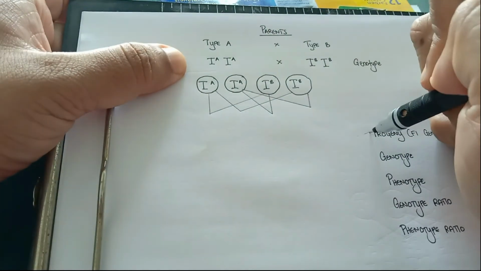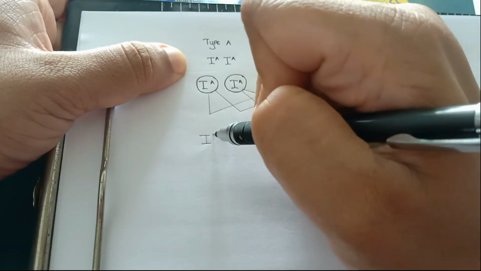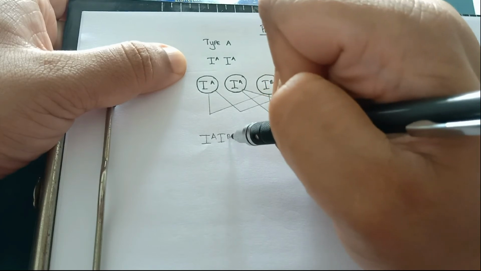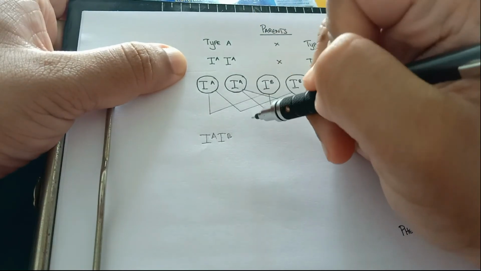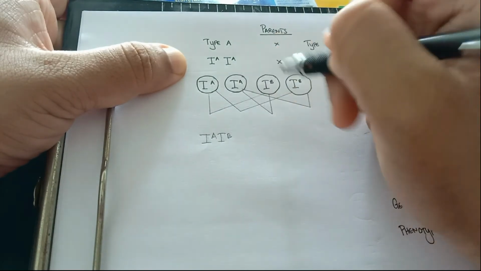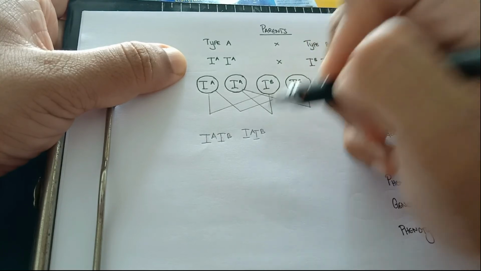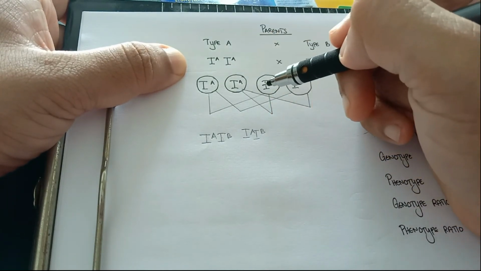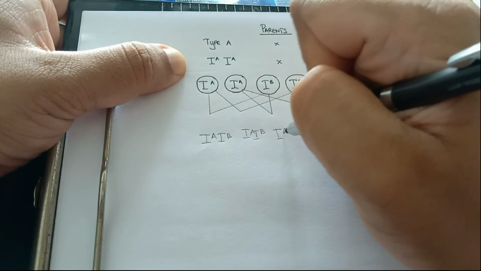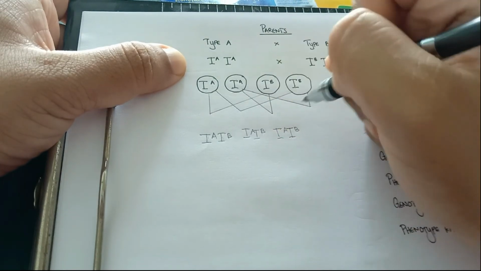So this I'm talking about the F1 generation. Once again, I have IA, because I started with IA, then 1-3, 1-4, I get IB. The next cross 1-4, 1-3, done. Now 1-4, IA, IB. Now I've done 1-3, 1-4. Now I do 2-3, 2-4.